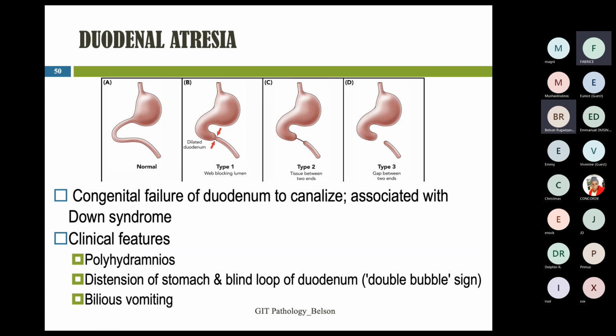So clinical features: this patient will have polyhydramnios, as mentioned before, because the baby does not swallow the amniotic fluid, and swallowing it is what normally reduces it. Then distension of the stomach, because what is swallowed stays in the stomach and cannot pass. Blind loop of duodenum and bilious vomiting.